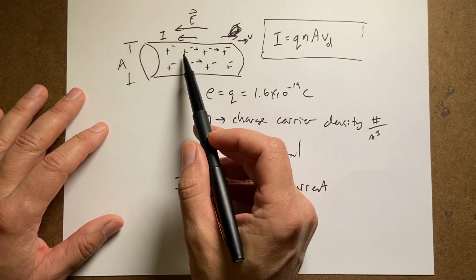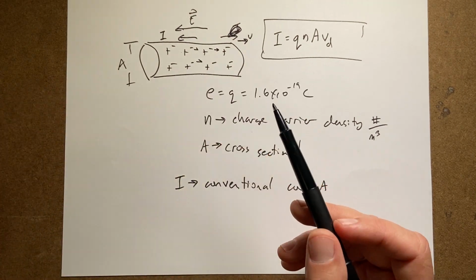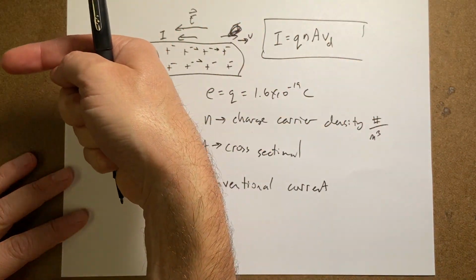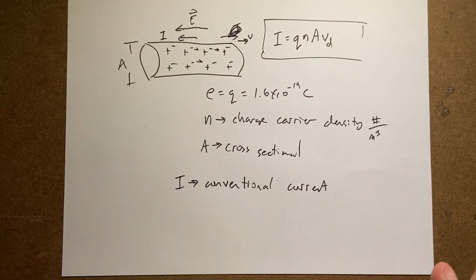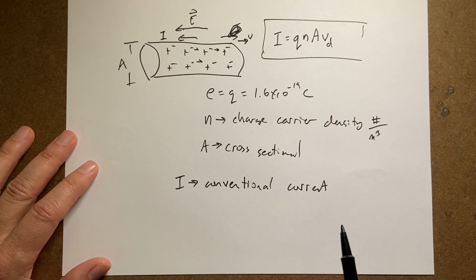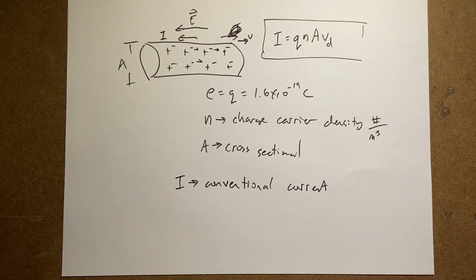The conventional current shows the direction of positive charge flow. So even if I have negative charges moving this way, it looks the same as if it was positive charges moving that way. In most cases, there is a way we can tell those apart. But the conventional current is the direction of positive charge flow. So it would be opposite to the velocity if it's an electron flow. Okay, but a lot of times you can't tell the difference, so we just call it conventional current, flow of positive charge.